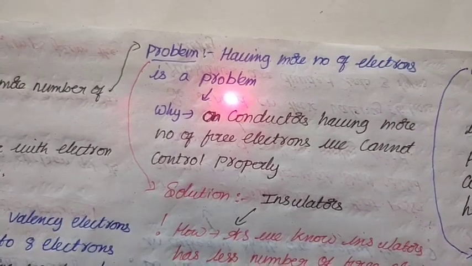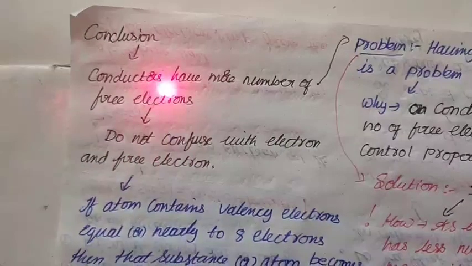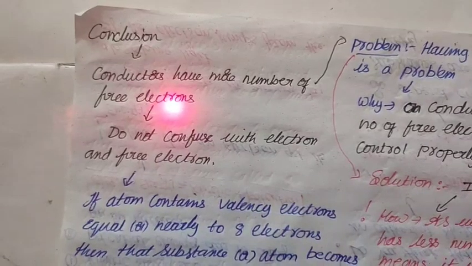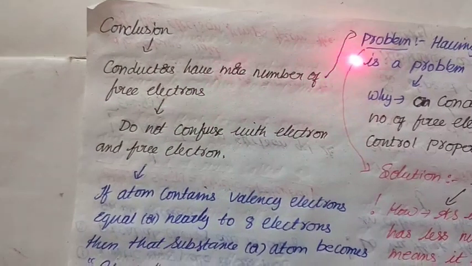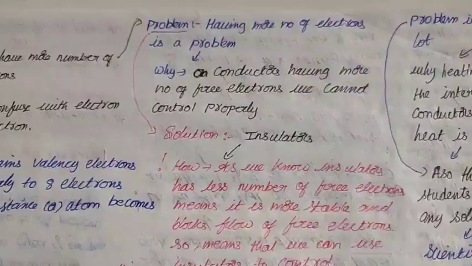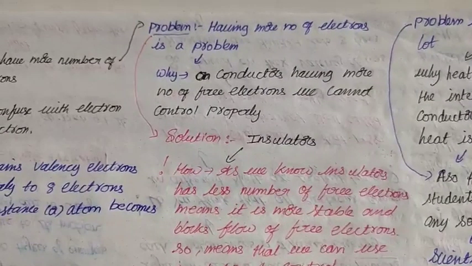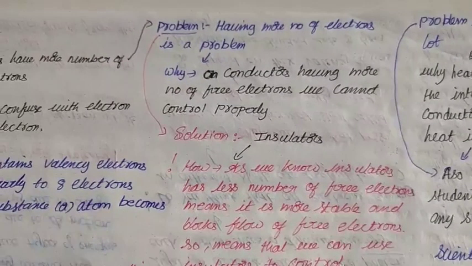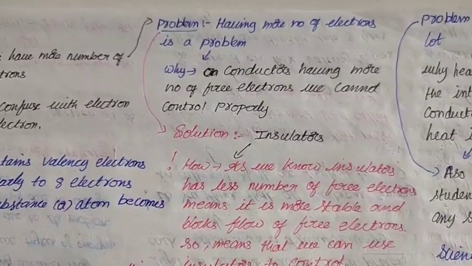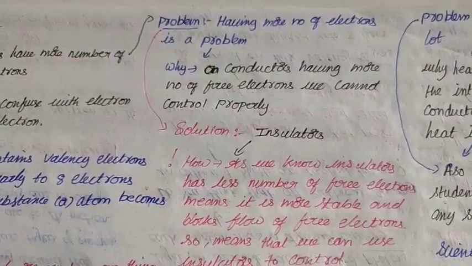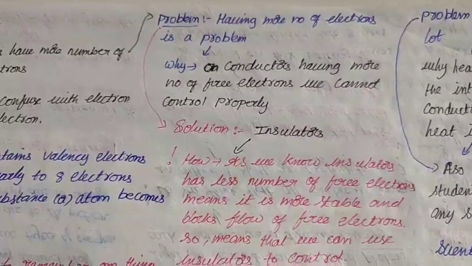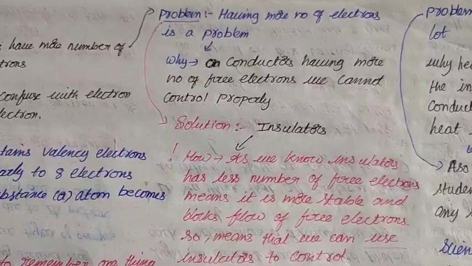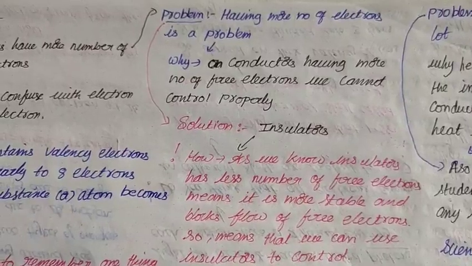Now find out. Conductors have more free electrons. This is a problem, I will explain it. Having more electrons in a conductor is a problem because a large amount of current can be transferred using a conductor, but we cannot control the current because the conductor has so many electrons.